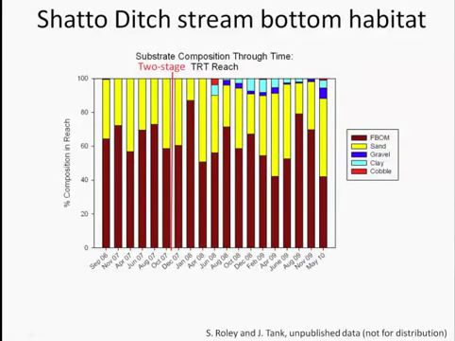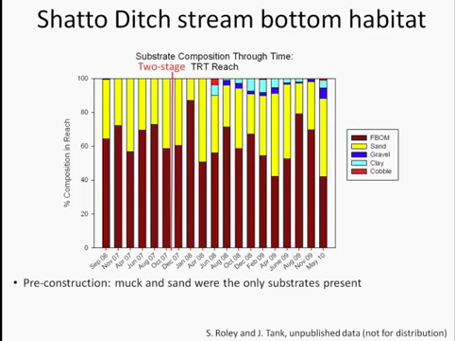I just want to quickly talk about habitat. We don't have a ton of data on this, but what we do have, I think, is very interesting. So we regularly at Shadow Ditch characterize the sediment in the ditch. Prior to construction, we had, as I mentioned earlier, this fine benthic organic matter, this really fine mucky stuff, and we had sand.